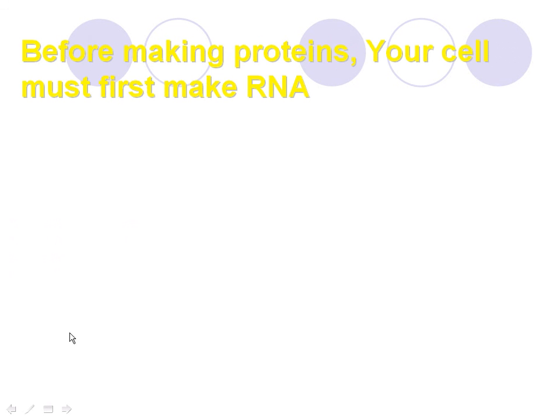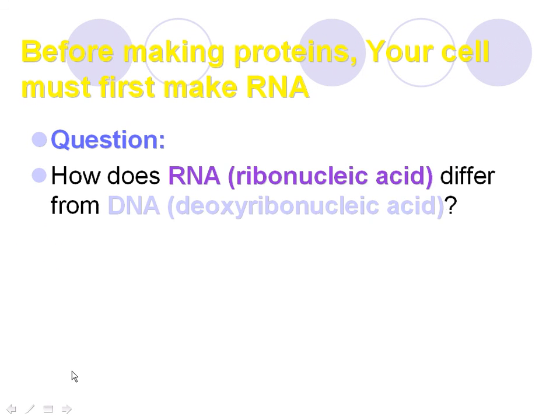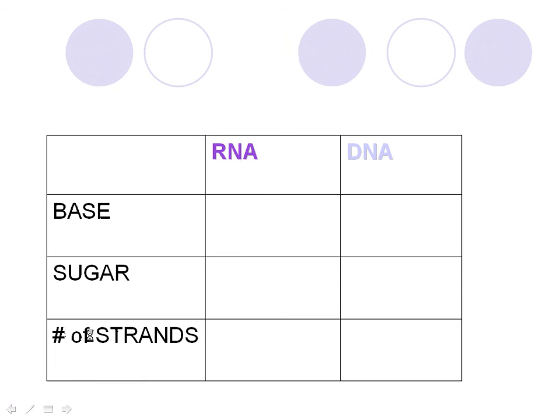Before making proteins, we must first make RNA. So how do RNA and DNA actually differ? The base of RNA that's going to be different is going to be uracil, and the base in DNA will be thymine.